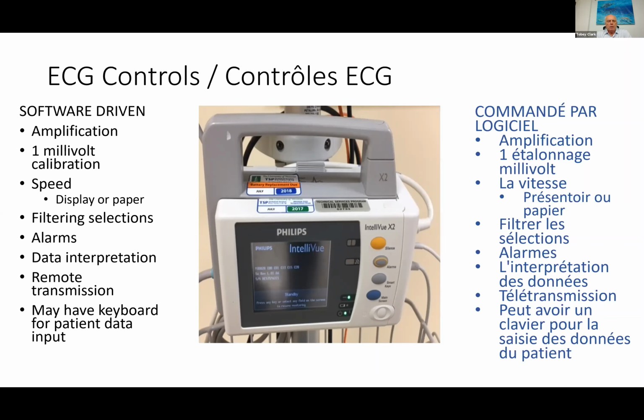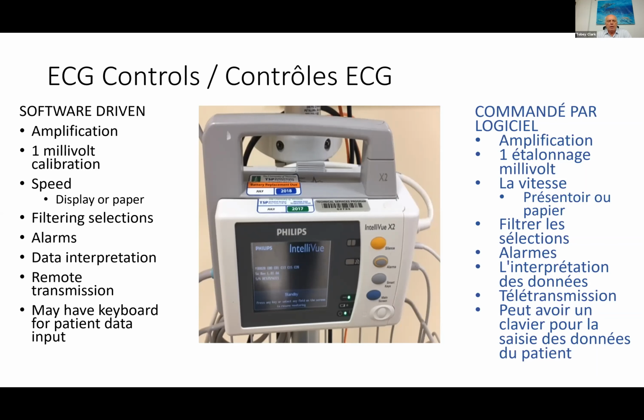They have different selections for filtering out noise, so that if you're in a noisy environment, you can put on a limited bandwidth filter. If you want a diagnostic output, you would then go to a higher bandwidth. Alarms are a critical part of the electrocardiograph.